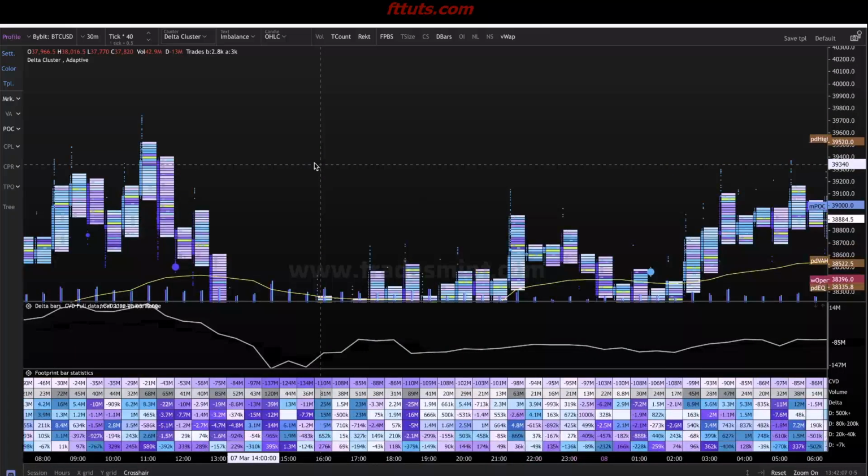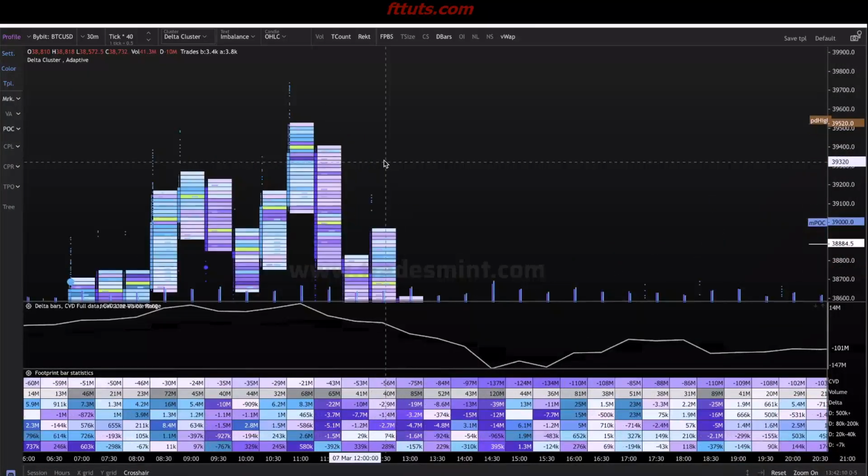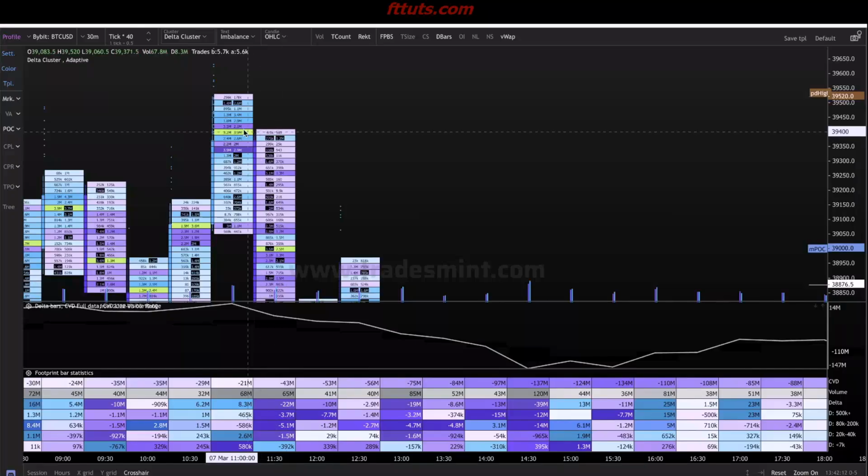We can see right here, we have a point of control, which means there was a lot of volume that was transacted right here at about 39,380, give or take. And we can also see in the top of this candle, a lot more volume was transacted up here because of the darker shading.